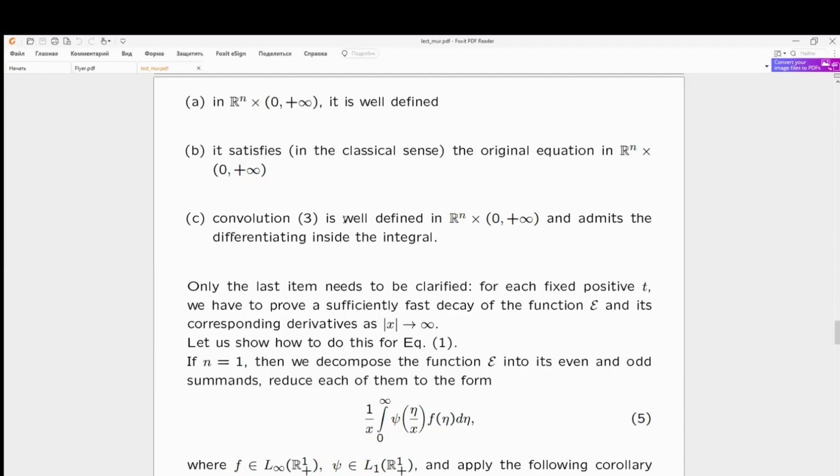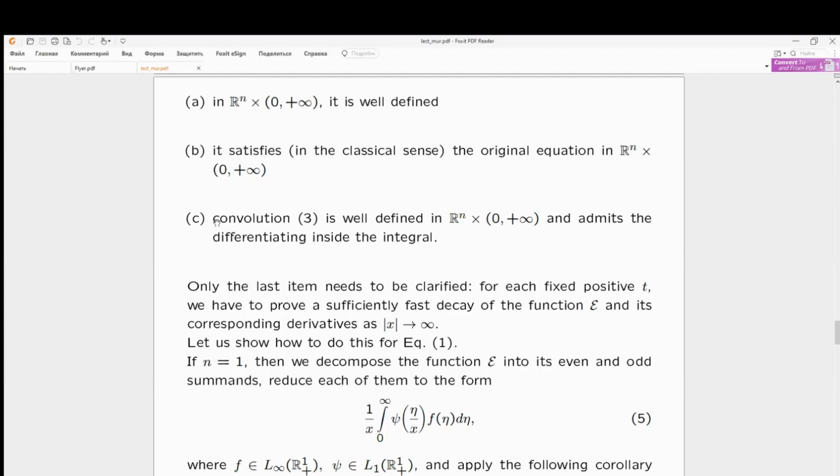And third, we have to prove that convolution 3, first, that the Poissonian kernel is well defined. Second, that the Poissonian kernel satisfies the original equation in the same half space.